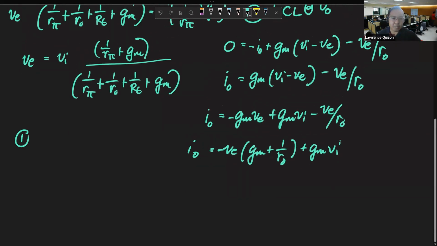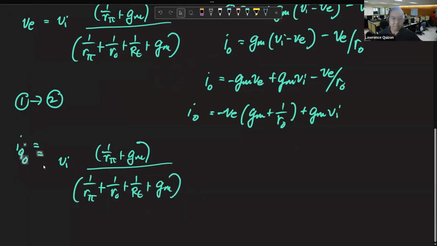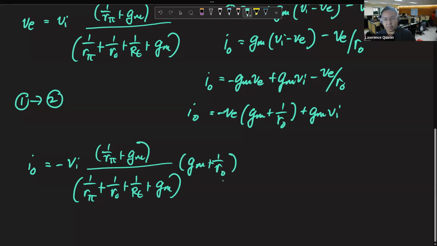And now, finally, we substitute 1 into 2. Alright? So, I out is equal to V in times this, negative that times GM plus 1 over R out plus GM V in.